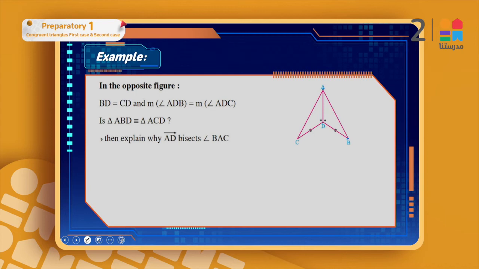We have D in the middle. Is the triangle ABD congruent to the triangle ACD? How can we decide that? Then explain why the ray AD bisects the angle BAC.